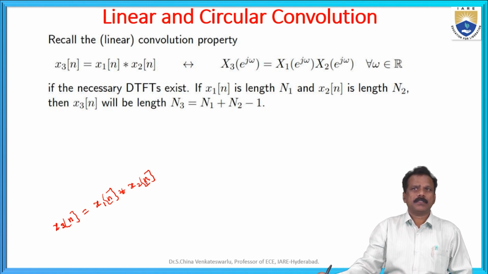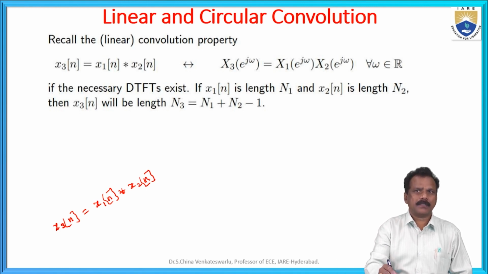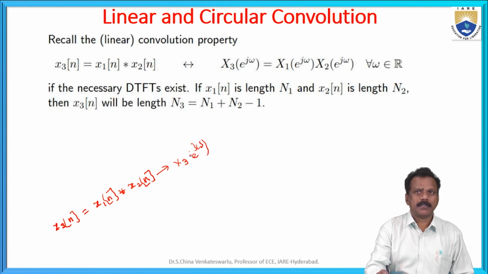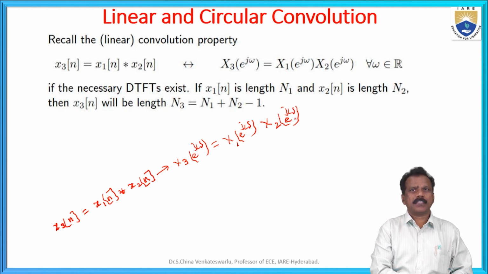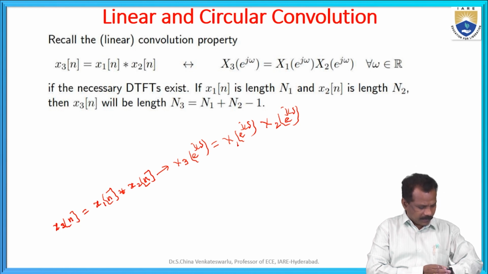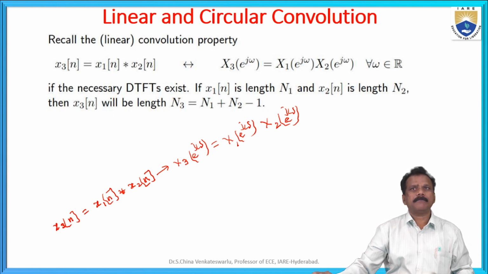With this, the convolution property is that X3 of e power j omega is equal to X1 of e power j omega into X2 of e power j omega, if the discrete time Fourier transforms exist.